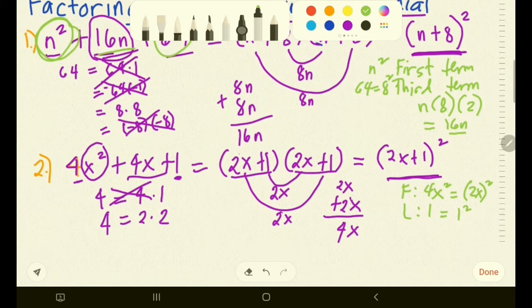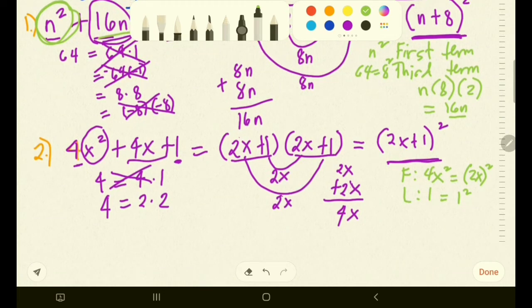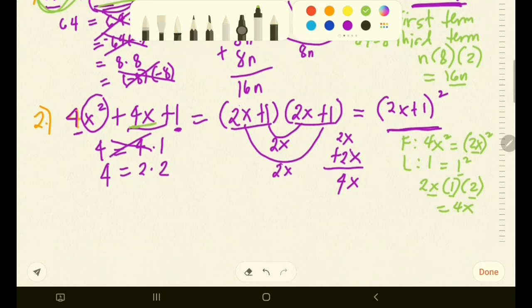Okay, next. Let's check. So, get the base, 2x times 1, and then you multiply it by 2. So, 2x times 1 times 2, that is 4x. Okay, so that's the middle term. So, this is also a perfect square trinomial.